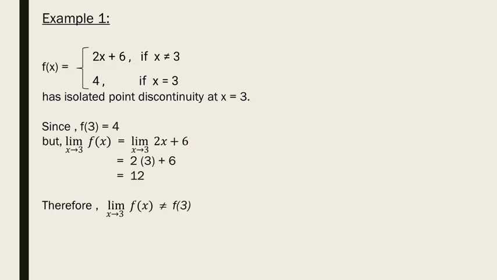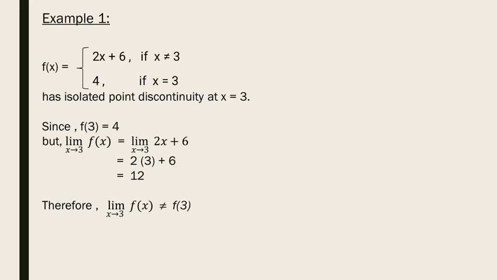Okay. So next, observe the example, a beautiful example: f of x is equal to 2x plus 6 if x is not equal to 3, and it is equal to 4 if x is equal to 3, has an isolated point discontinuity at 3. Because if you find the limit of the function, what do you get? 12. But what is the value of the function at 3? 4. Both exist and are finite, but they are different.